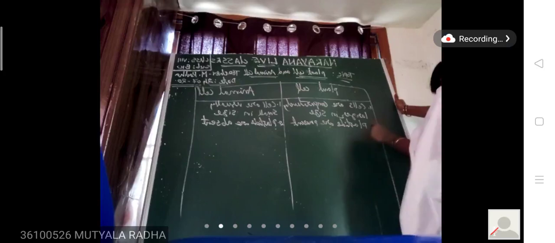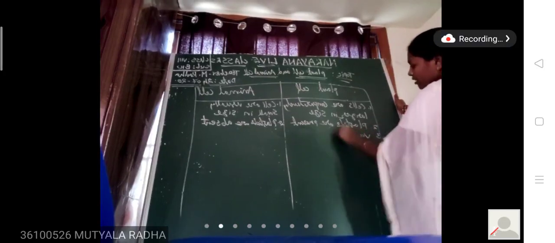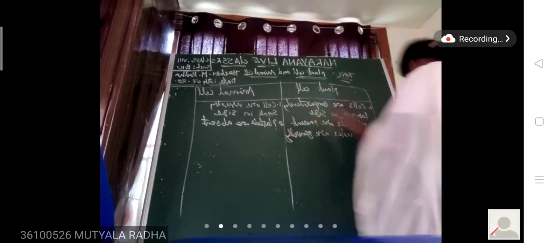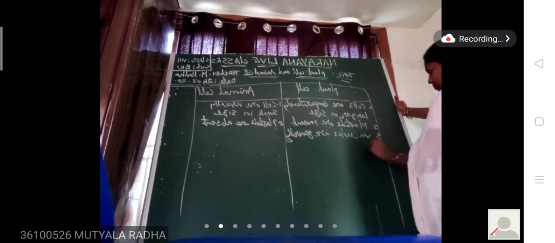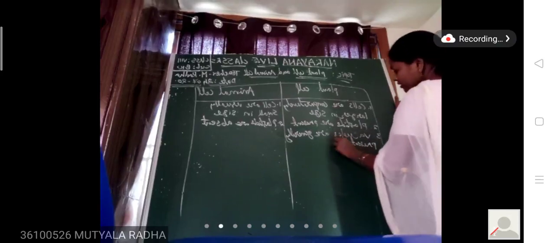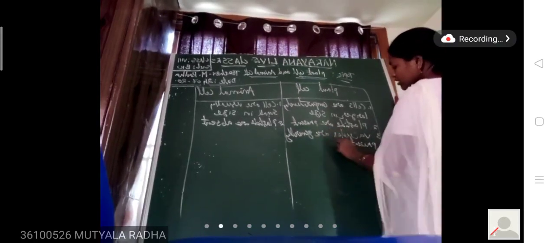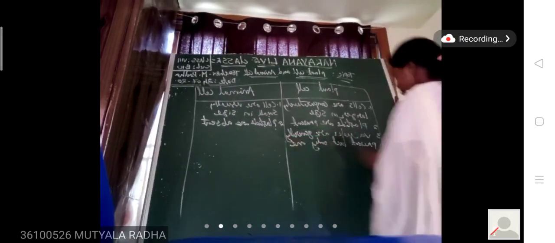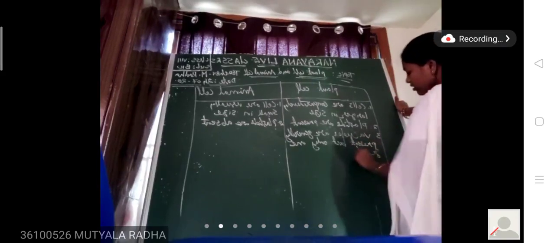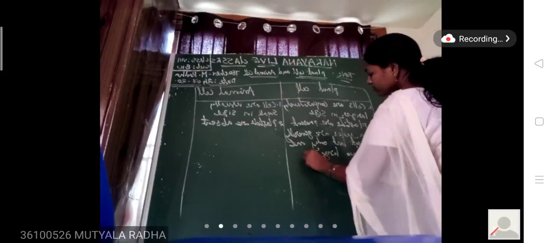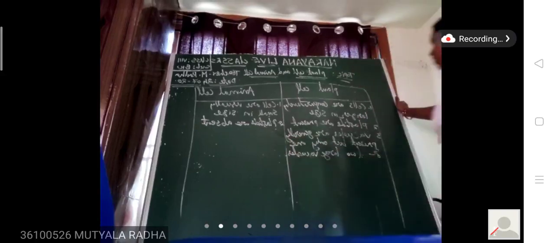Next, third point: vacuoles are generally present in plant cells, but only one or two large vacuoles.